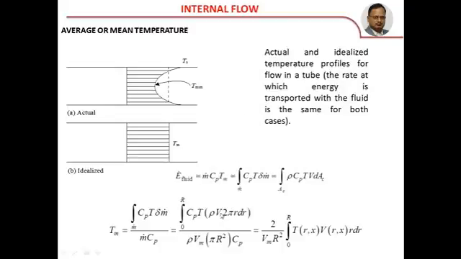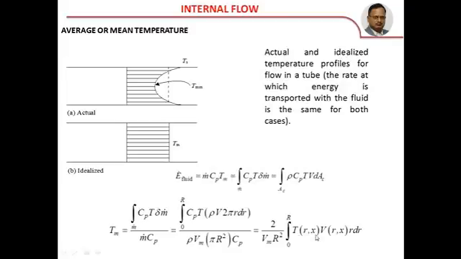To understand that elemental ring area 2 pi r dr, you better imagine the side view of this. At a radius r, dr thickness, ring is considered through which fluid is flowing, and at that particular radius r, the velocity is v. The side view, if you imagine, you can very easily understand this concept. So rho into average velocity into pi r square into Cp.